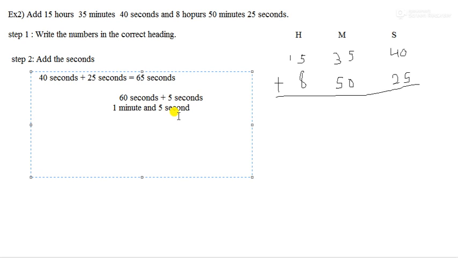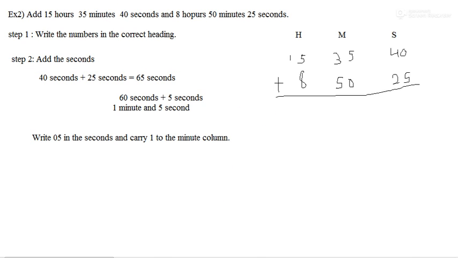So write 05 in the seconds column and carry 1 to the minute column. Now write here 05, and 1 carry over to the minute column.